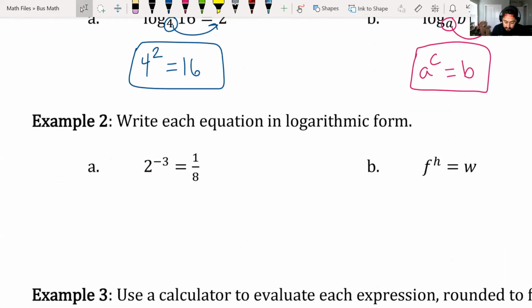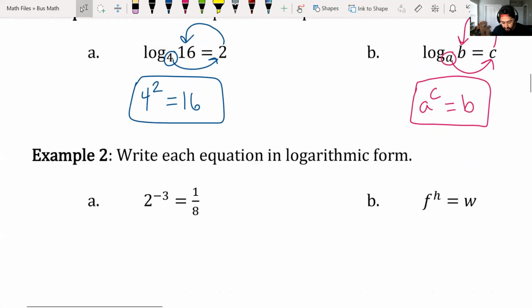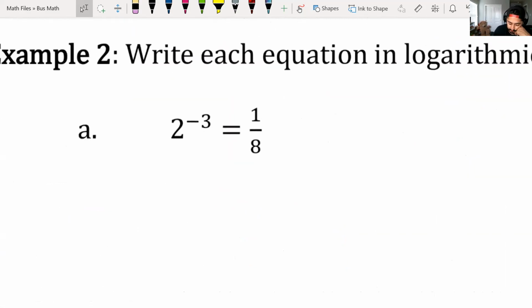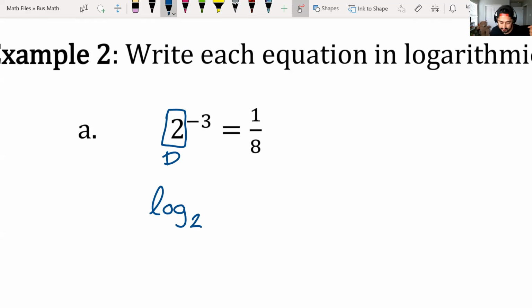Okay, so converting this. All right, we start with the base, right? This base of 2 goes down. So right now I should have log base 2, and then this outside number, right?